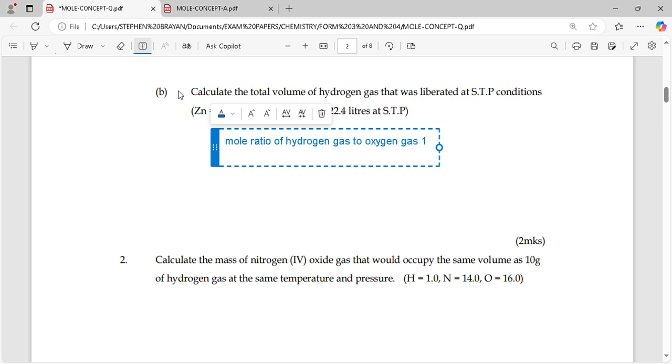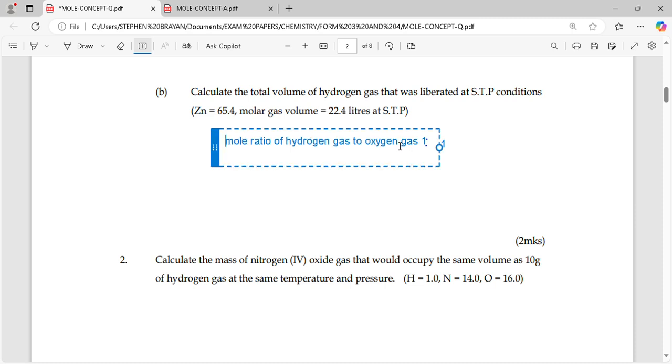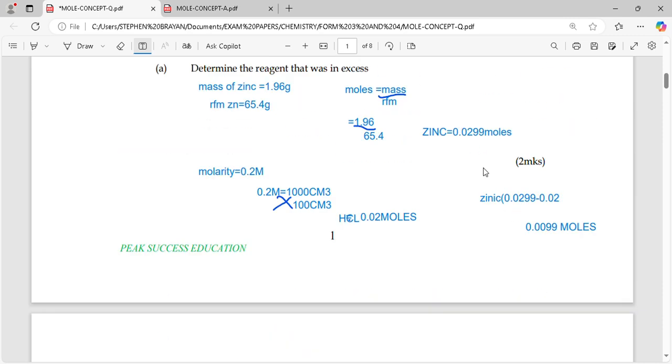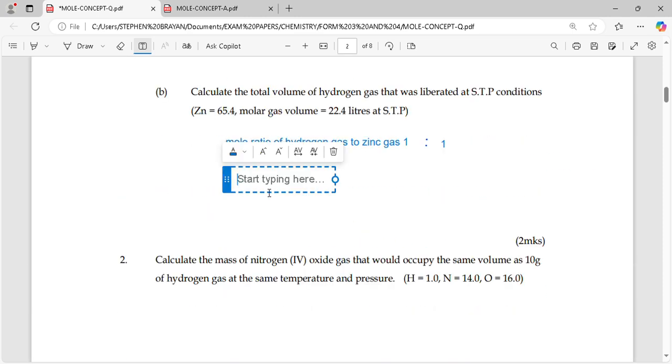This is 1:1, okay? So that means hydrogen to zinc, not oxygen. This should be hydrogen to zinc is 1:1. So that means since zinc was having 0.0299 moles, hydrogen is also going to have the same number of moles. So hydrogen will also have 0.0299 moles. Okay.